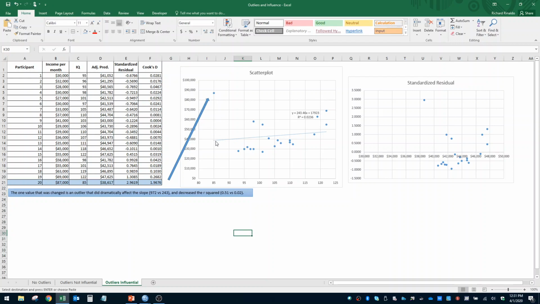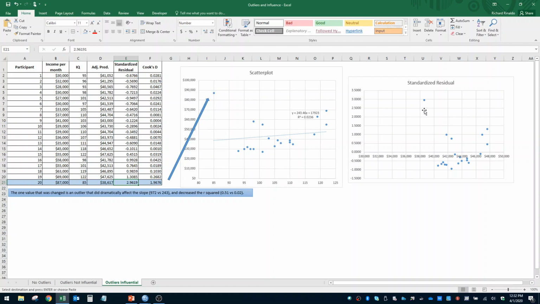So what happens is the line is pulled up by this point because the best fitting model is desperately trying to reduce the distance between the predicted value and the actual value. And that tilts the line, draws that line up here and tips it up, which eliminates my slope, which makes it no predictor. And I can see my residual is fairly high over here.